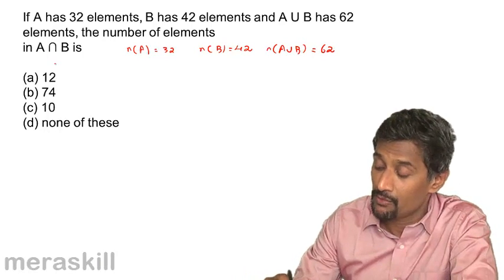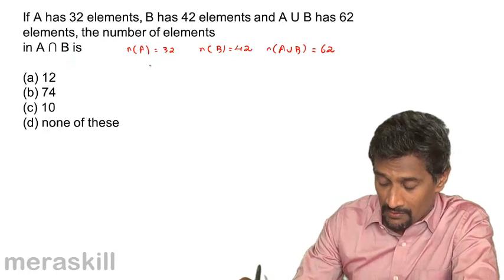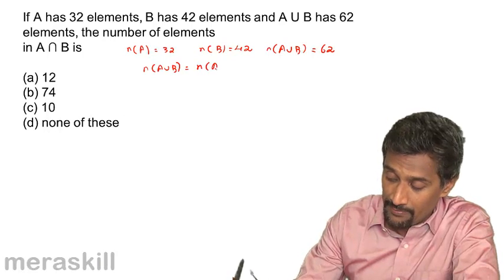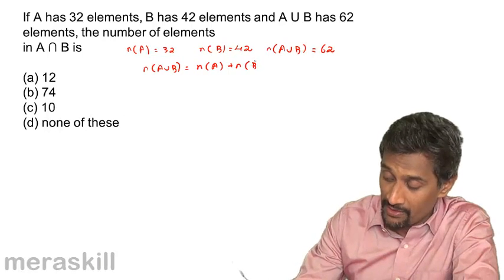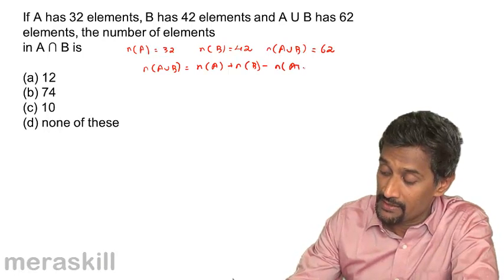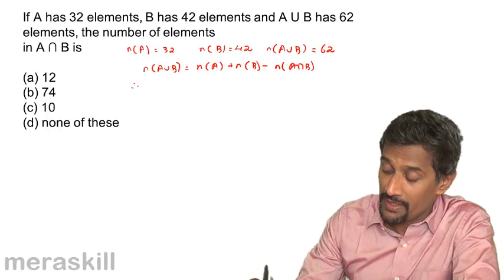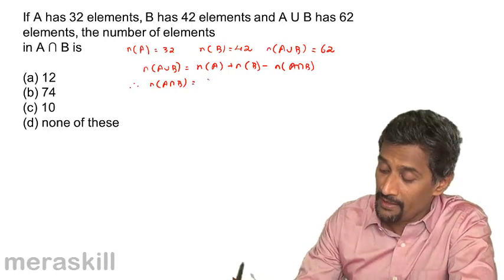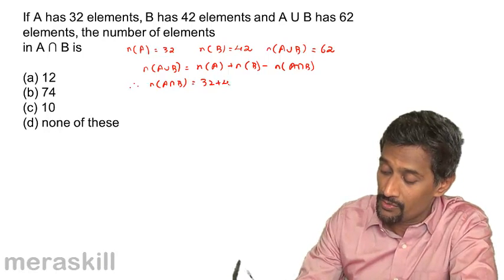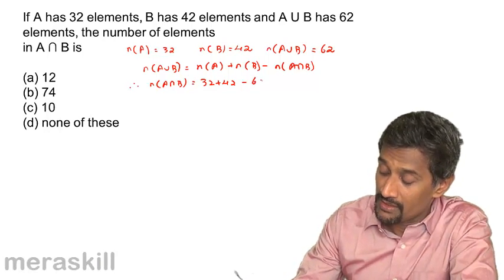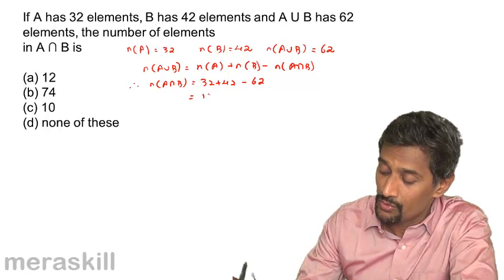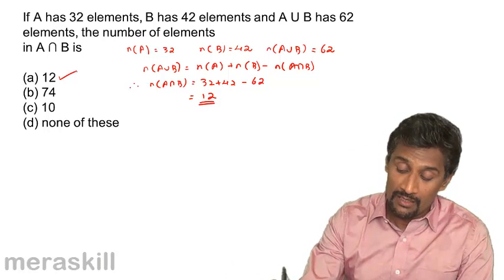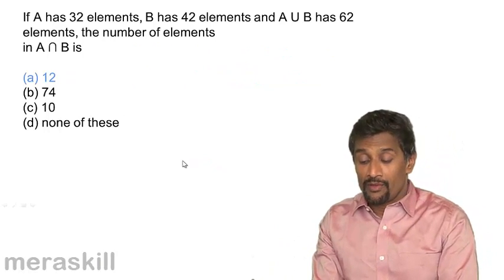You have been asked to find the number of elements in A intersection B. Now we know n of A union B is nothing but n of A plus n of B minus n of A intersection B. So which means that, you take it to the side, n of A intersection B is nothing but n of A, that is 32, n of B is 42, minus A union B 62, that is 74 minus 62, 12. So the number of elements in A intersection B is going to be 12. Right, it is 12.